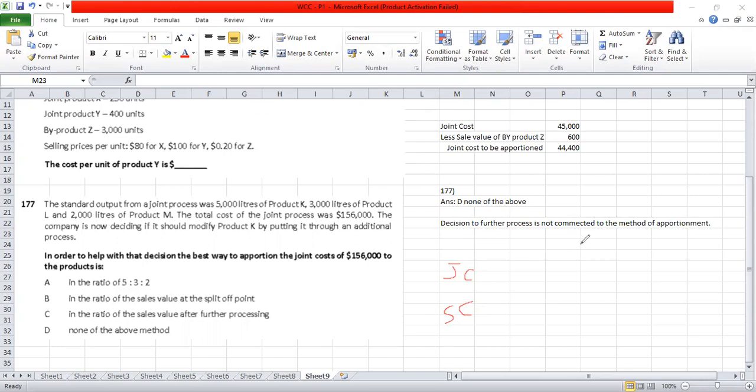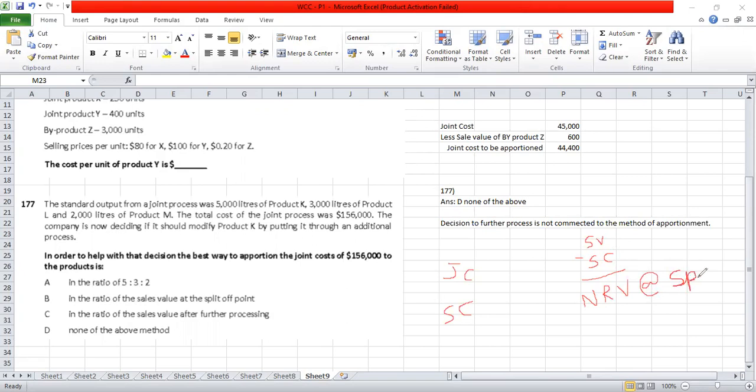So in that case, one method talks about taking the sale value. From the sale value, because separable costs are already known to us, when we deduct the separable cost, we come to the net realizable value at the split off point. So that can be taken as one method of apportionment of cost.